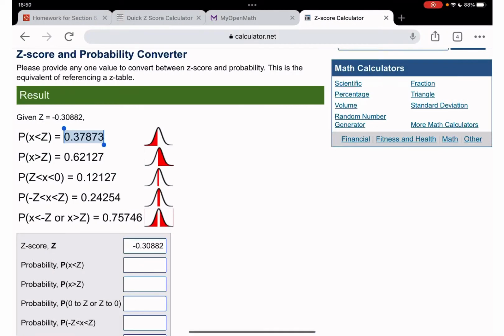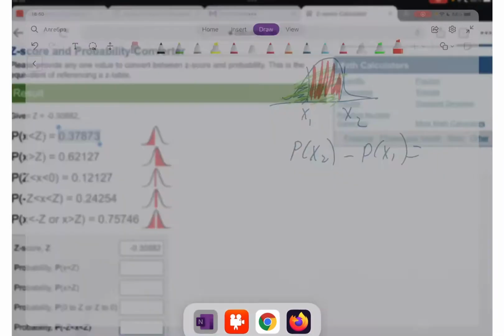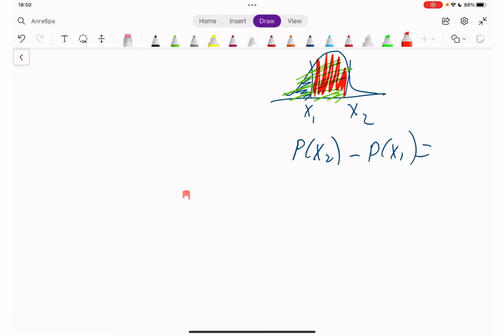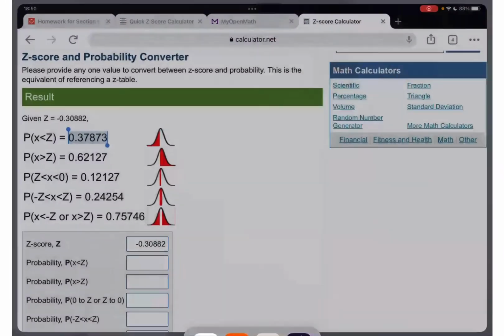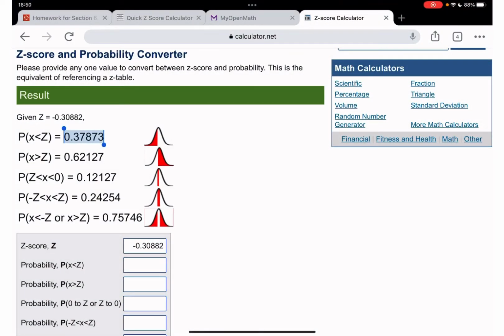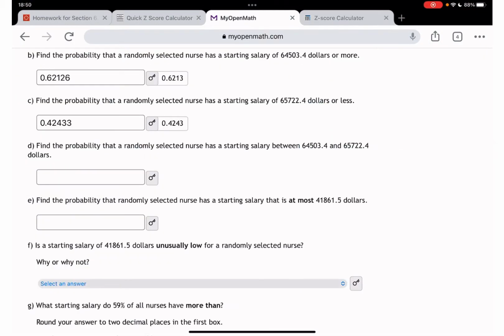That's quite all right. I'll just write down 37873. This is probability of x1. 0.37873. Okay, next one. Next we need to find probability for this number.